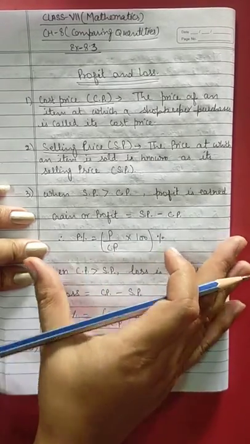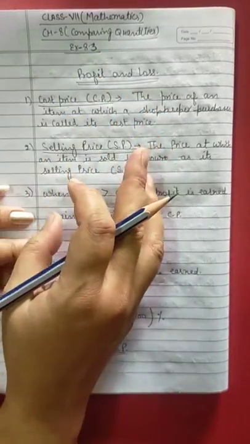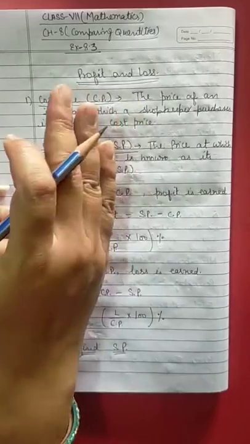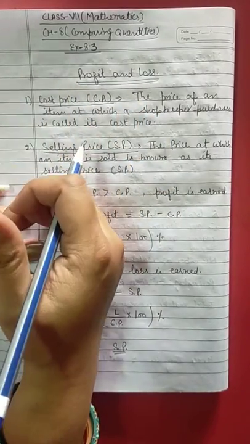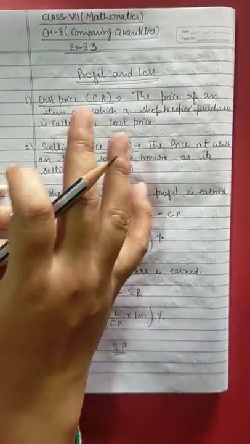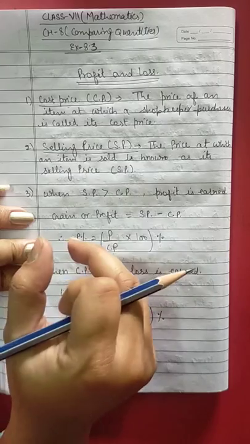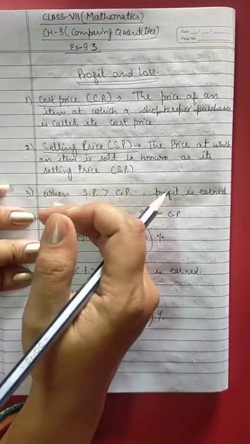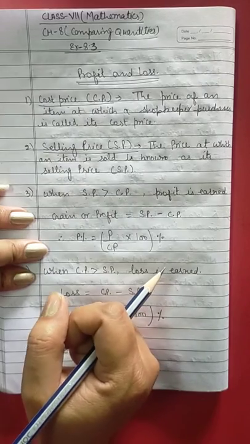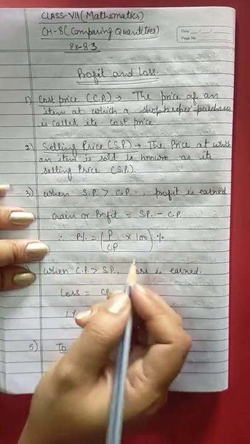Just remember one thing: whether you are finding the cost price or the selling price, and whether you are finding the profit or the loss, all these percentages, profit, loss or discount, depend on the cost price only. You need the cost price to find the profit percent, loss percent or discount. This P percent is actually the P percent of the cost price.